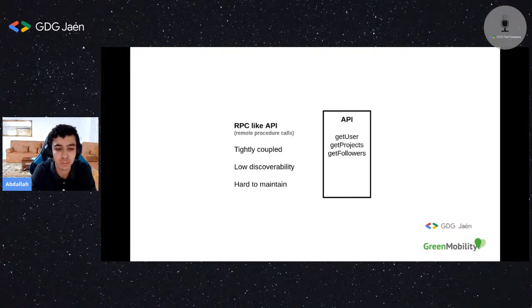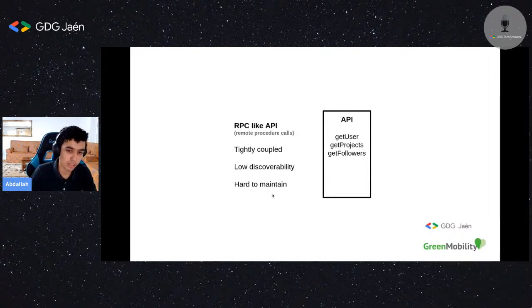And this is some of the things that happen. In RPC APIs, it doesn't give you a lot of information. On the other hand, if you were a new user and you wanted to use the API from the ground up, you wouldn't have a starting point for doing that. And we are going to address these problems later, by the way.